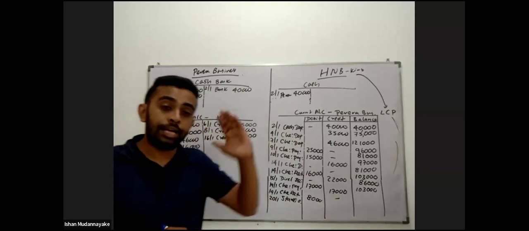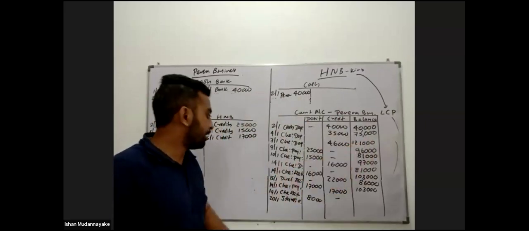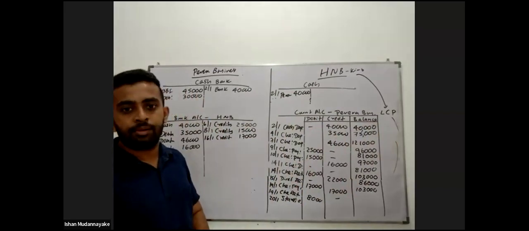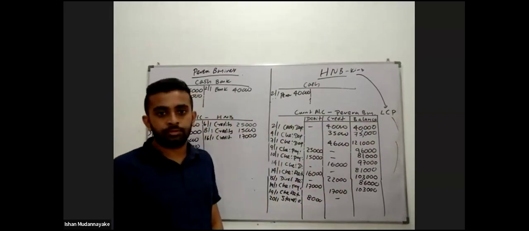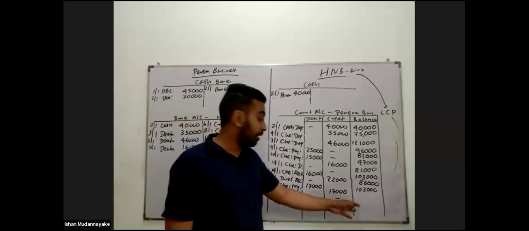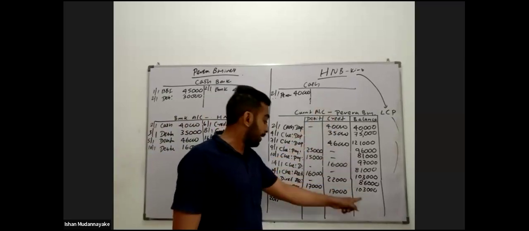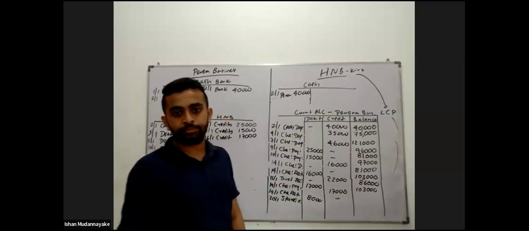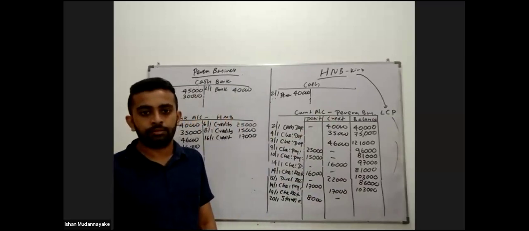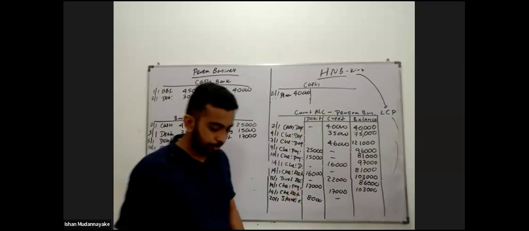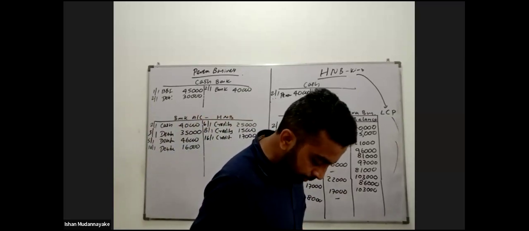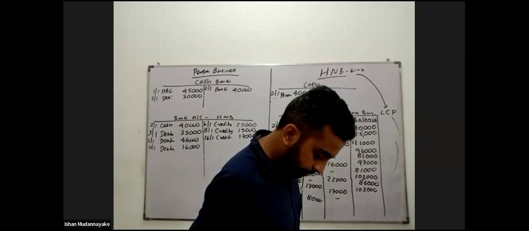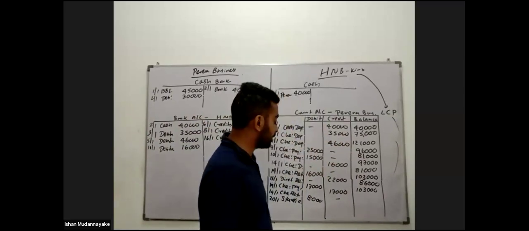HNB bank cash book credit, Pereira current account debit. Here, asset decreased by 8,000. Here, liability of HNB bank decreased by 8,000. Right, now the balance is how much? 103,000 minus 8,000, 95,000. Balance is 95,000.